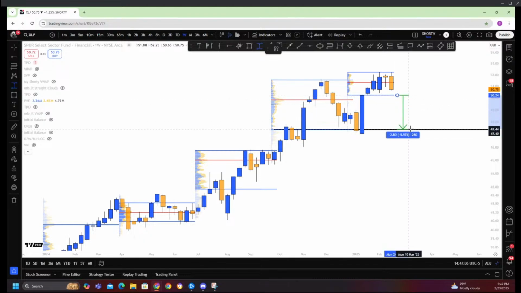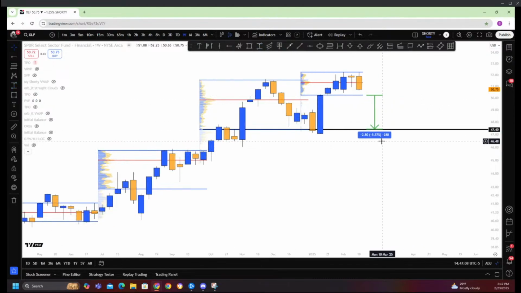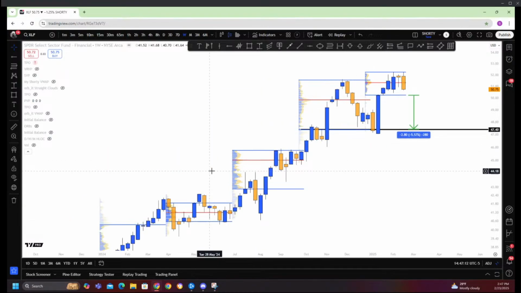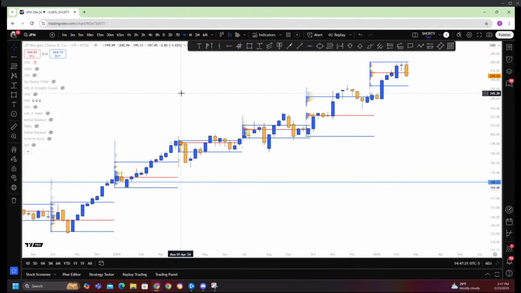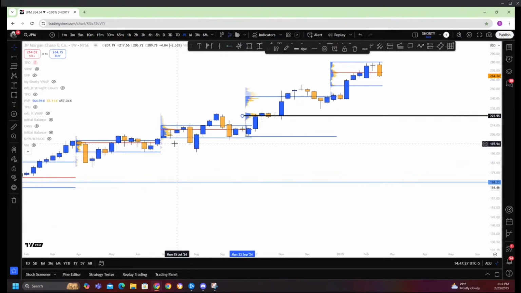And a little birdie told me that there's some insider selling in the banks happening right now. So JPM looks very promising for a short. JPM is going to 222 by May.